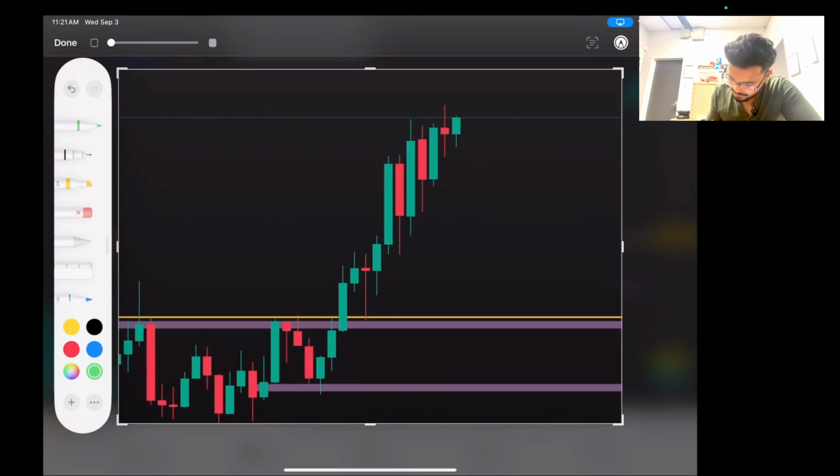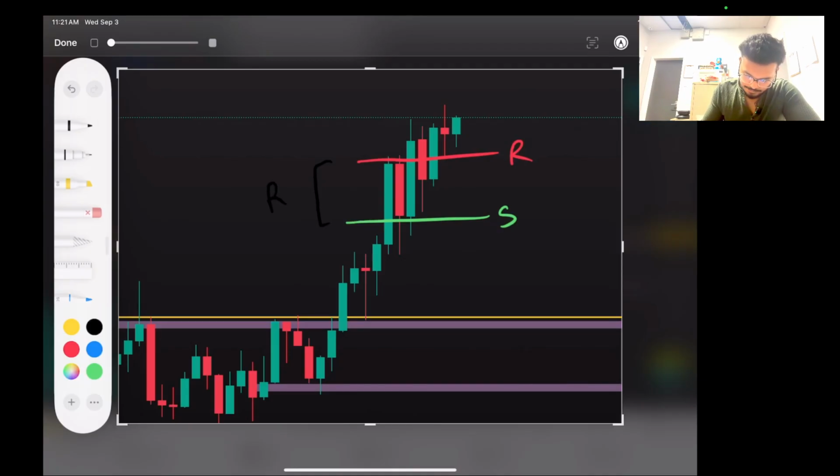Let's do this. Here will be our support, the resistance. Now, one thing that matters the most is to see the range size. Let's use some other color.